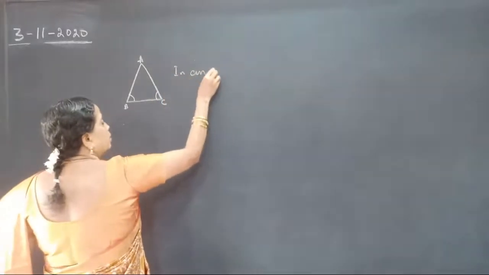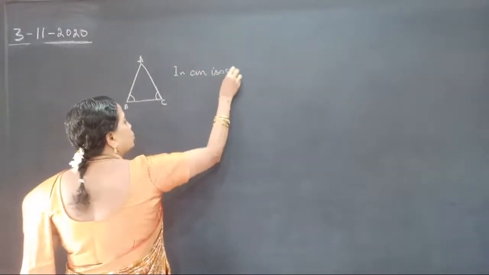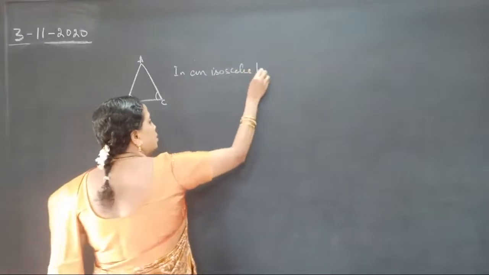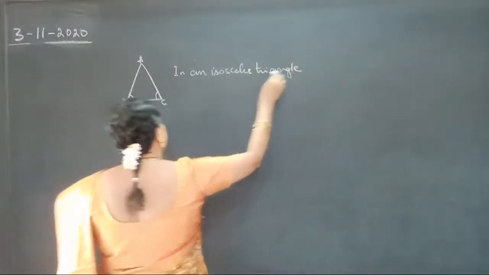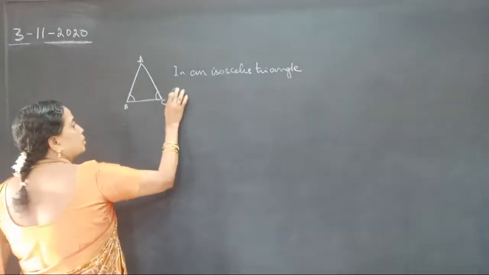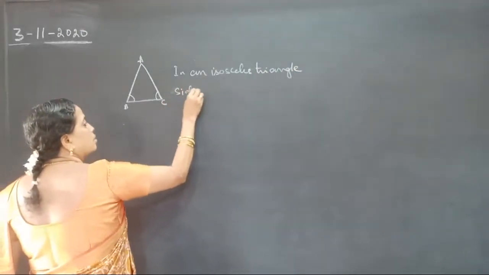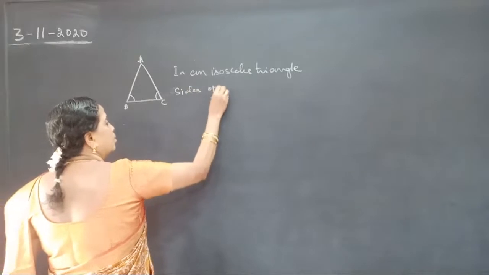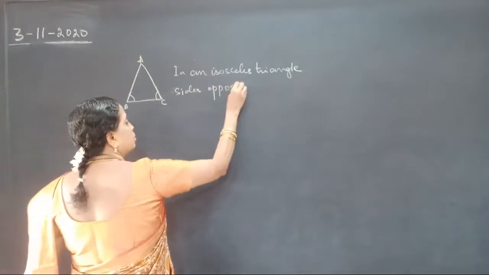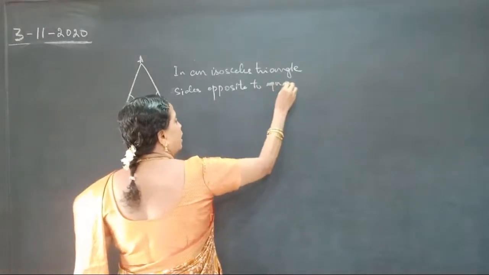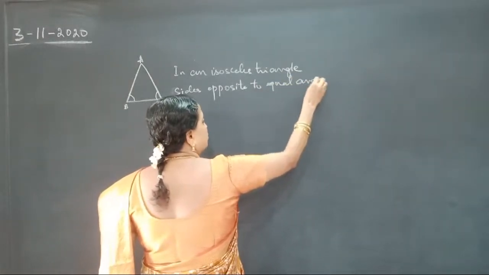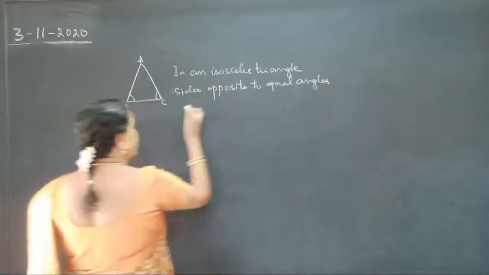In an isosceles triangle, sides opposite to equal angles are equal.